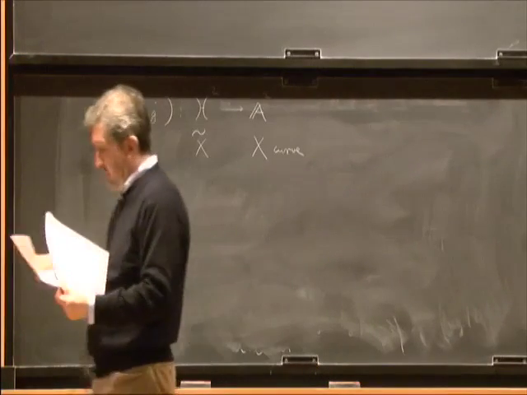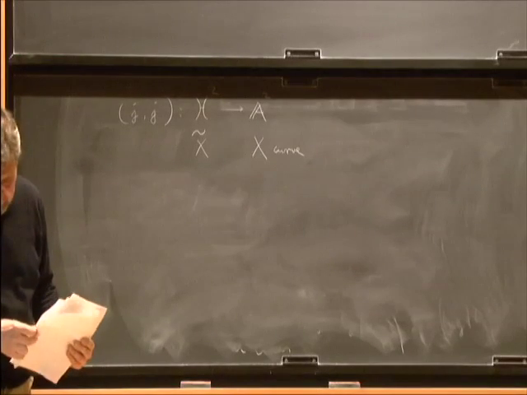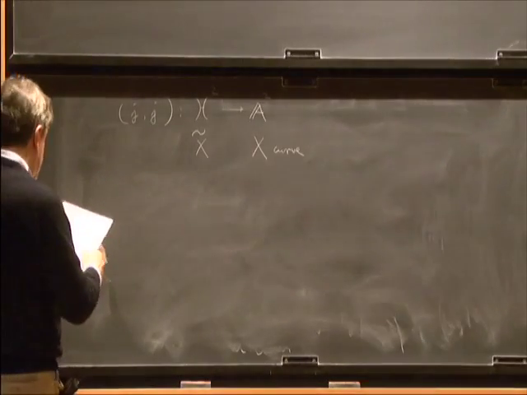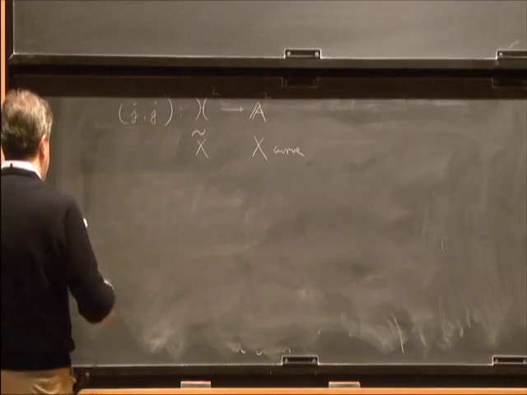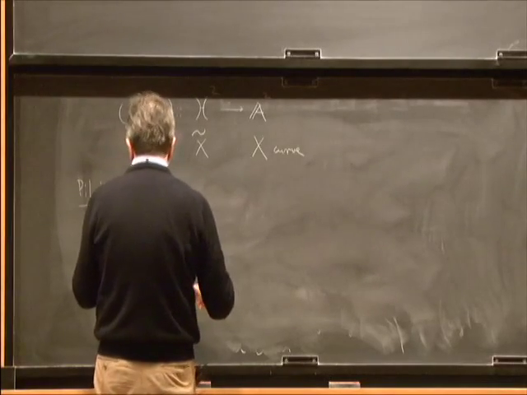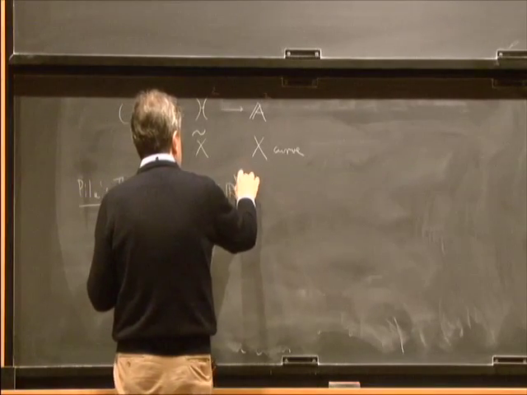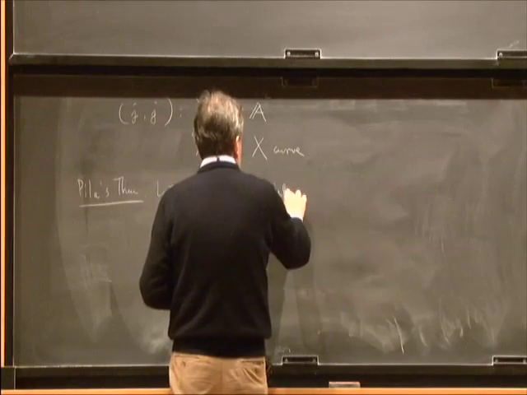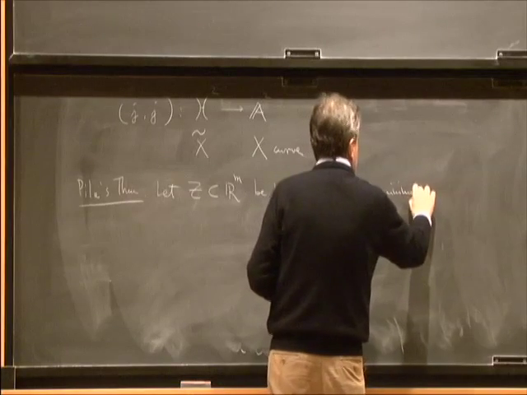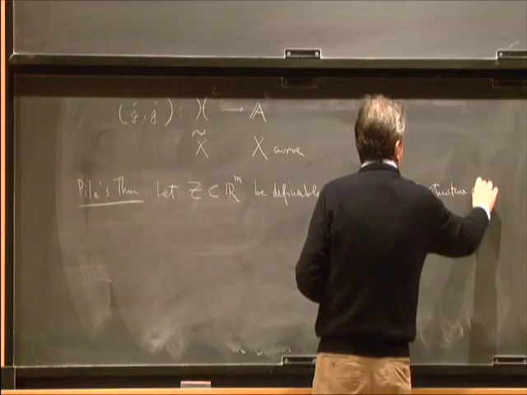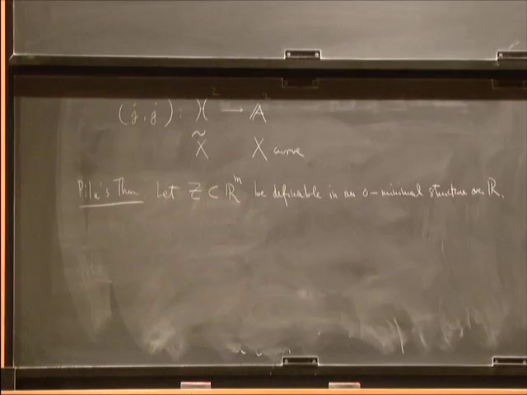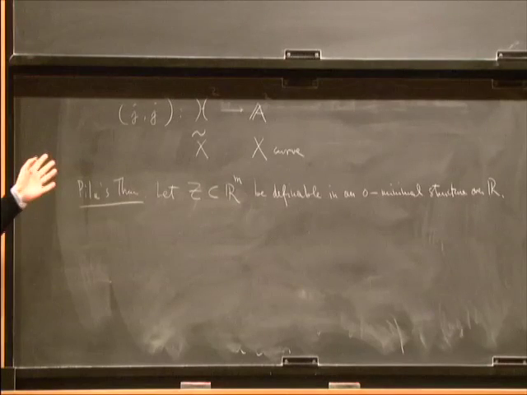And he proves the following theorem. So let Z be a subset of some real space, which is definable in a so-called o-minimal structure over R. This o-minimal structure is simply a collection of subsets of all powers of R, with certain axioms that are natural.